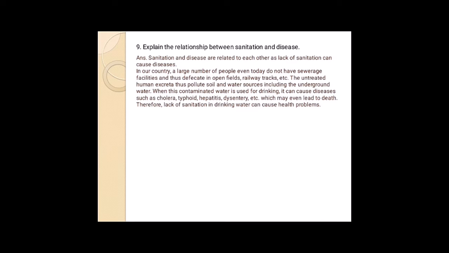In a country, a large number of people even today do not have sewage facilities, and they defecate in open fields and railway tracks. This is a common scenario in India nowadays. Railway tracks are considered the biggest open area for human excretion. It's a very pathetic condition.